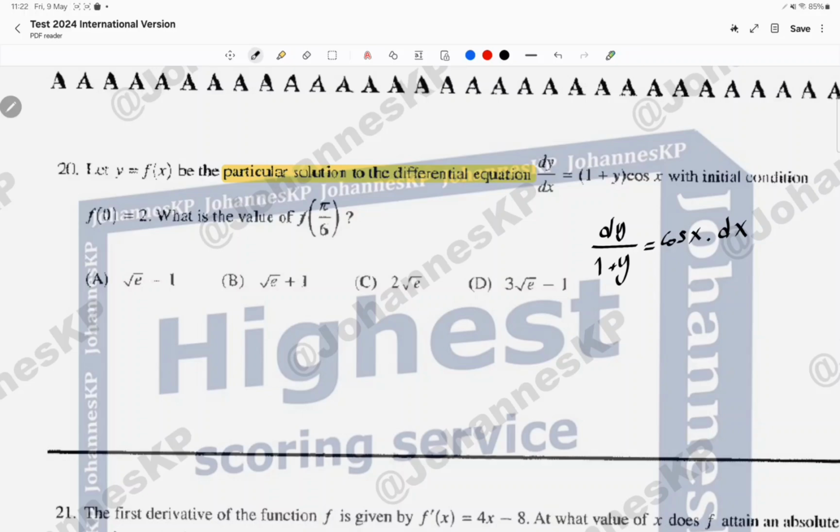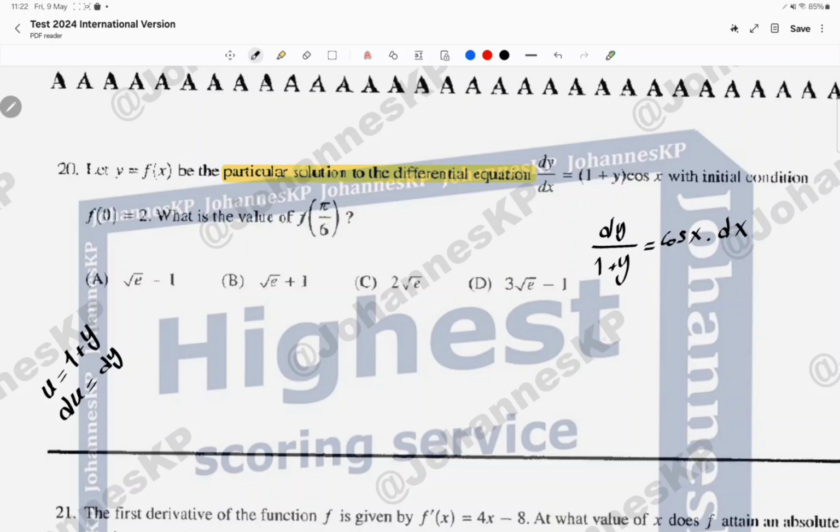What do we do with the 1 plus y? I would replace it with u. So I'm going to say u is equal to 1 plus y. So what's du? The 1 becomes 0 when you differentiate, and y becomes dy.